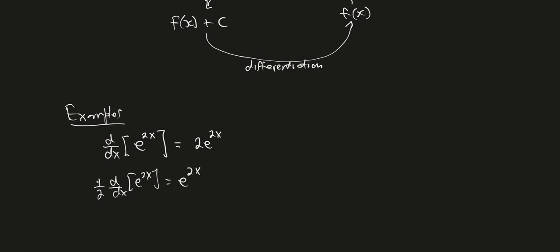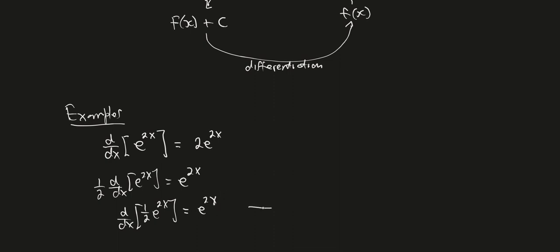So I can distribute the 1/2 and say that this left-hand side is the derivative of 1/2 e to the 2x. And then over here, I'll still have my e to the 2x. This makes sense. If we differentiate 1/2 e to the 2x, I'm going to get e to the 2x.